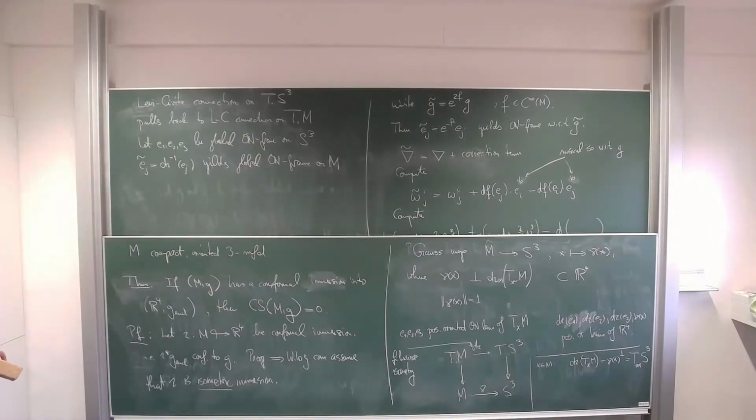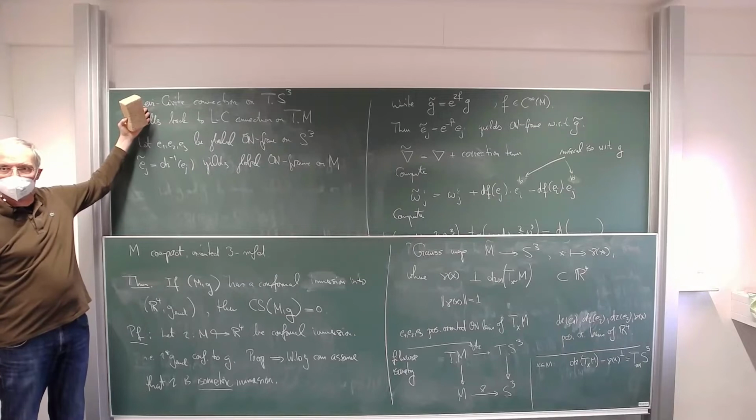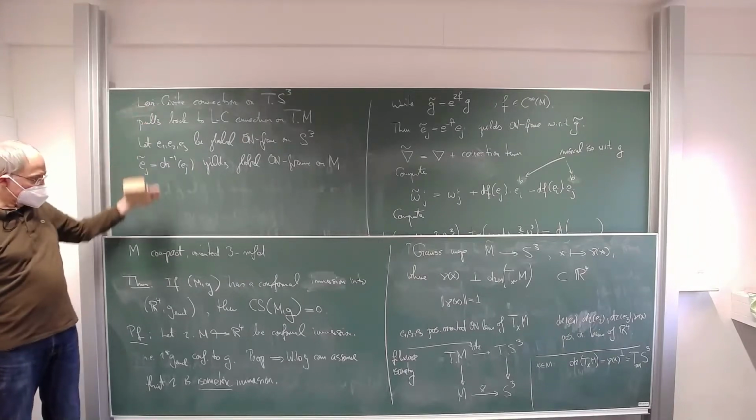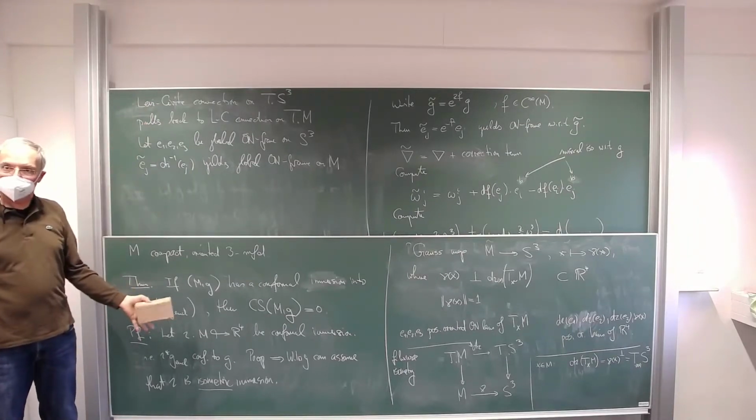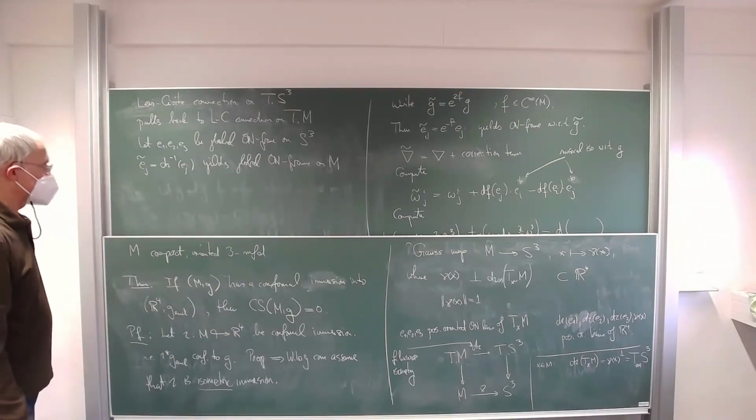Chern-Simons invariant. And then, since everything on M tilde is obtained by pulling back corresponding things on the three-sphere, the same thing holds for the connection form, and hence for the Chern-Simons integrand.